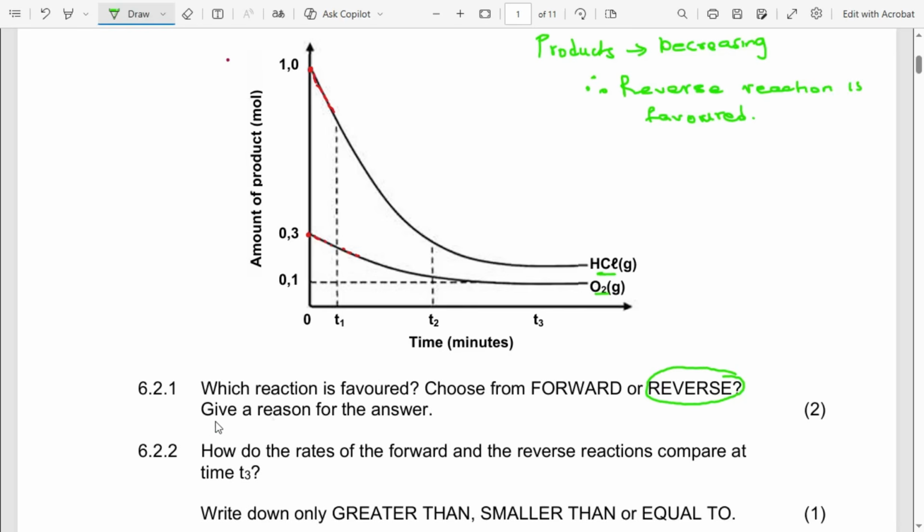Therefore, the reason is that the amount of products decreases with time. You can definitely tell the marker that the products are being converted back to the reactants.